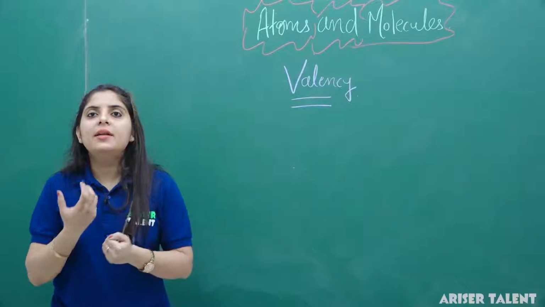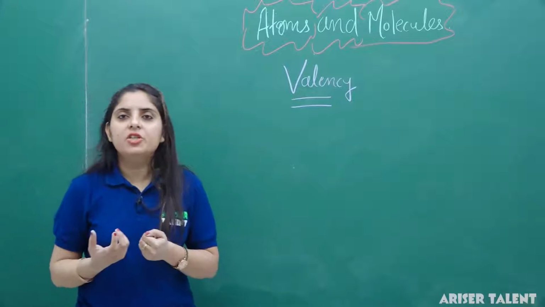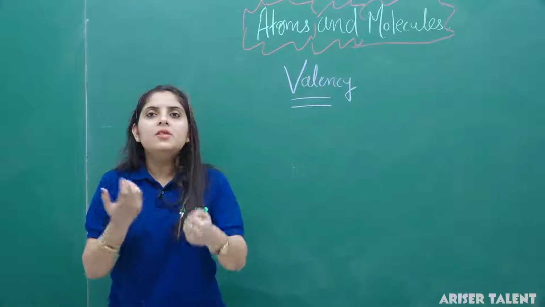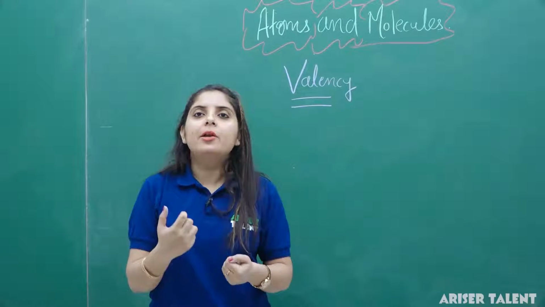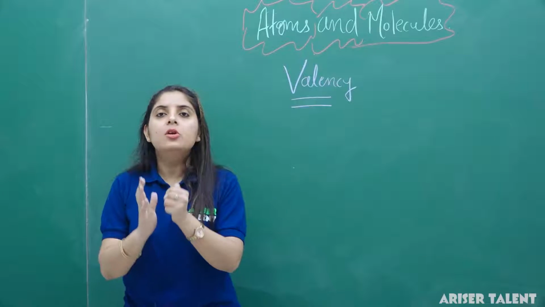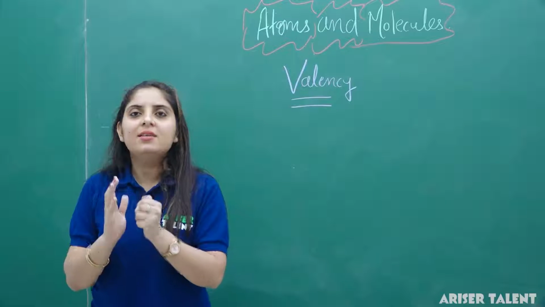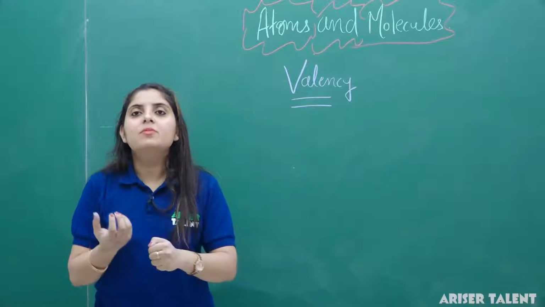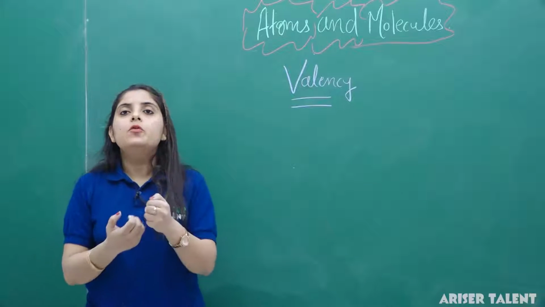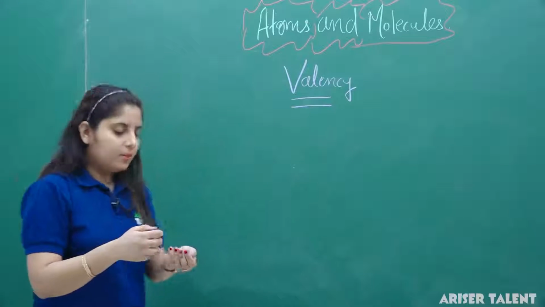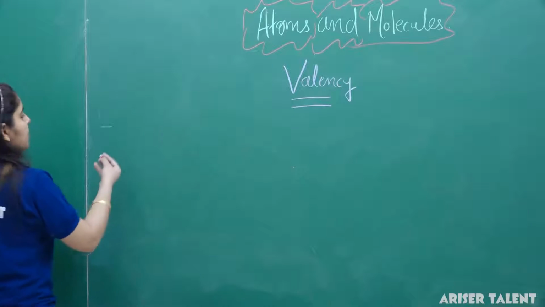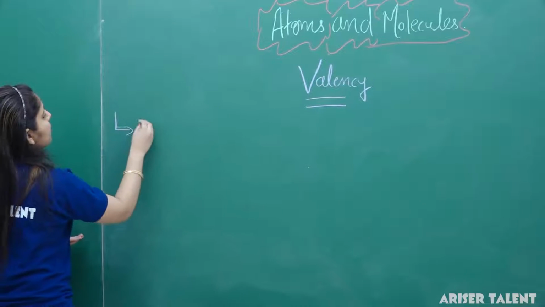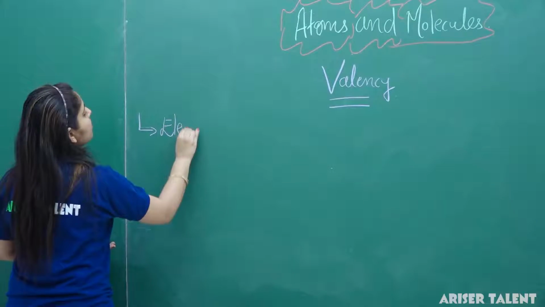It means to attain the stable electronic configuration, we have to lose some electrons and we have to gain some electrons to form a stable compound. So the valency is the combining capacity of an element, how many atoms or electrons it will acquire to form the stable electronic configuration.